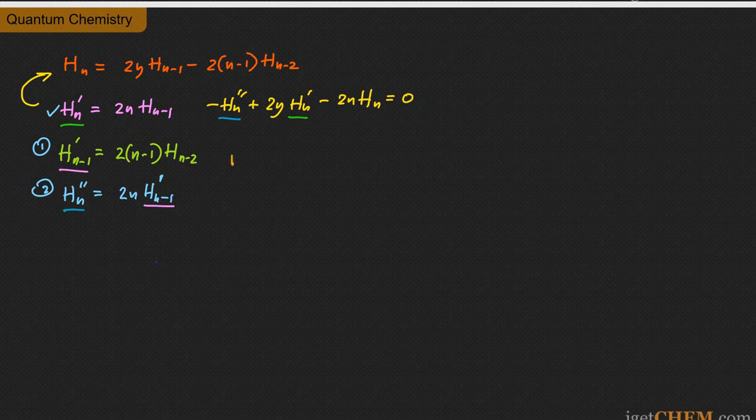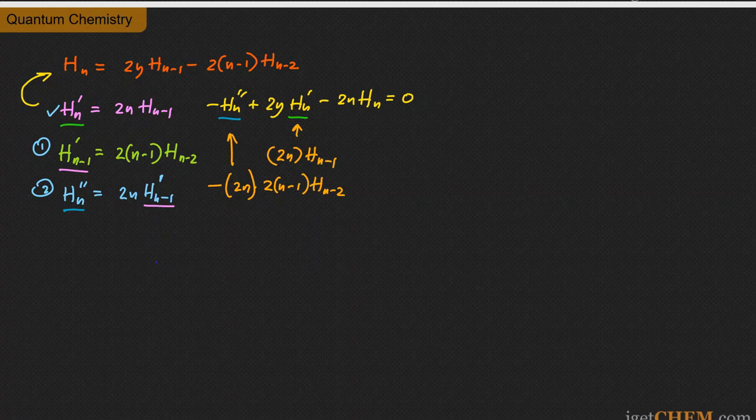So whichever this is negative. I'm going to write everything out. 2n times 2 times (n-1) times H_{n-2}. And then this one, H_n prime, is just equal to 2n times H_{n-1}.